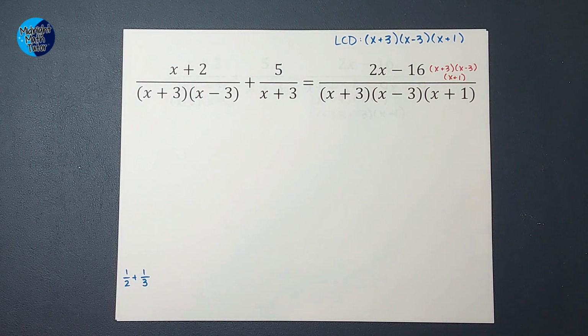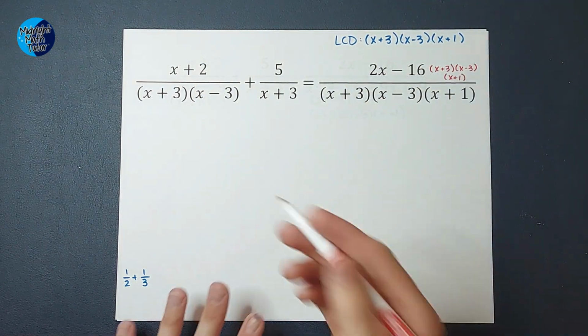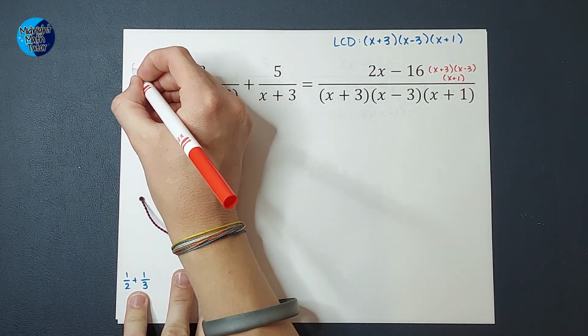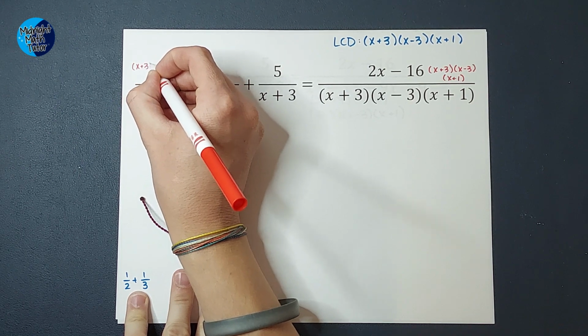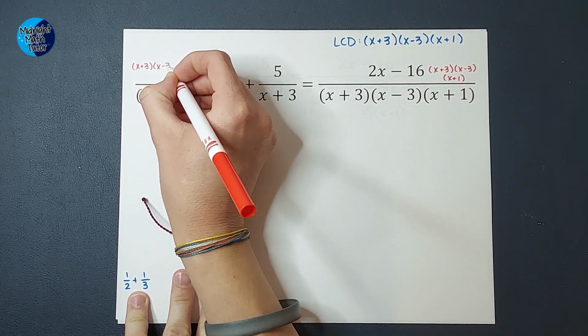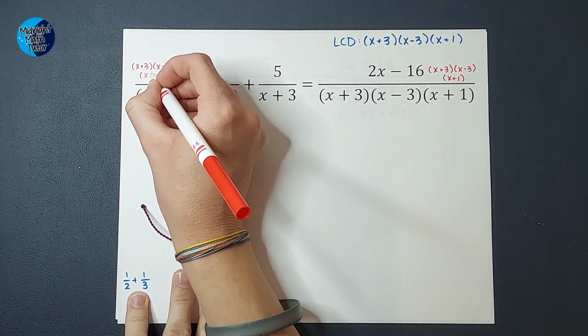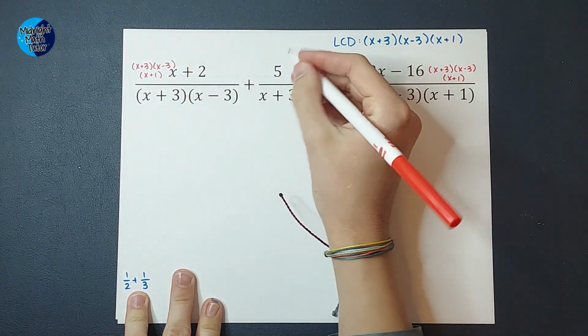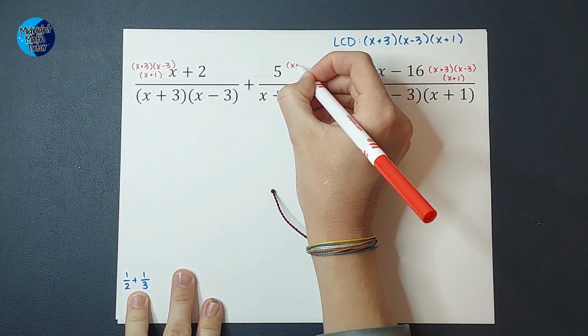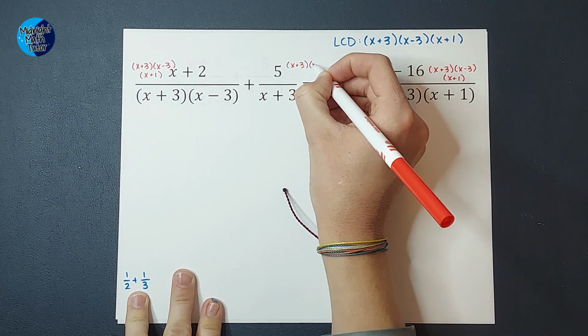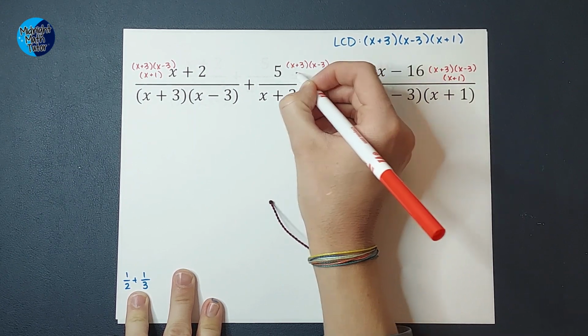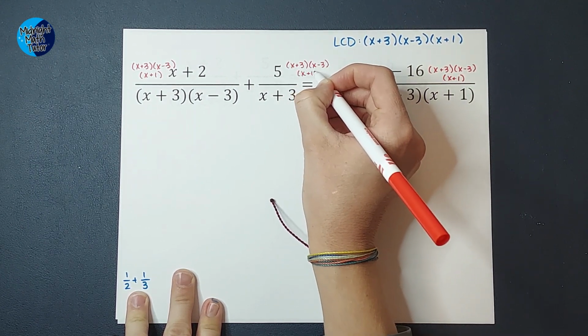I'm multiplying both of them by the LCD, x plus 3 times x minus 3 times x plus 1. Guys, I know it's a lot of writing, but it's going to be worth it because we're getting rid of the fractions.